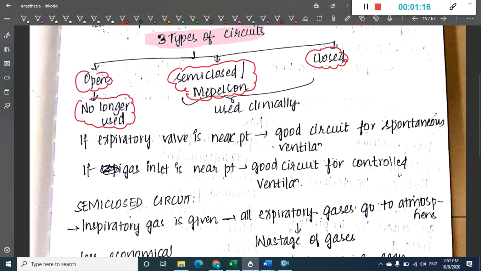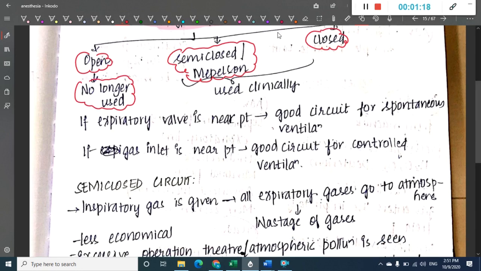Okay, so we have two types of ventilation. One is spontaneous ventilation and the other is controlled ventilation. What does this mean? In spontaneous ventilation, the patient can take the amount of oxygen by himself. The patient can exert some pressure, and that is spontaneous ventilation.